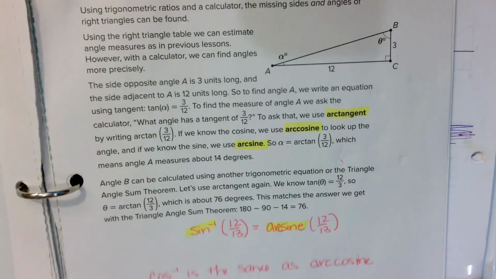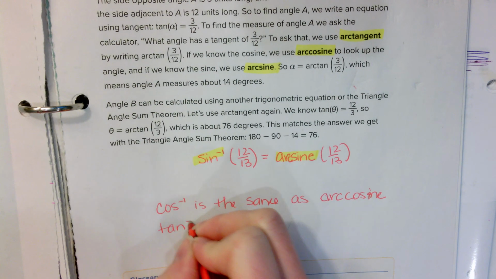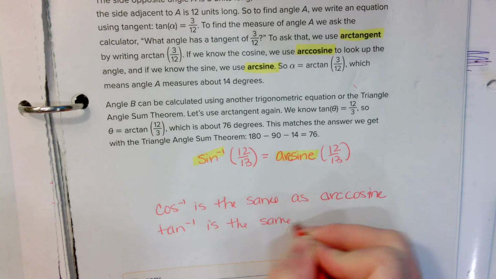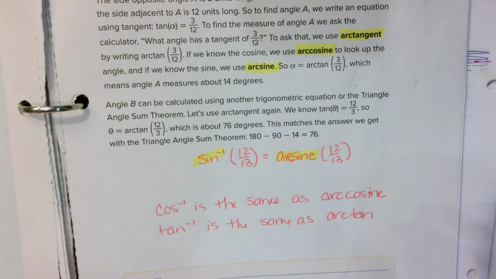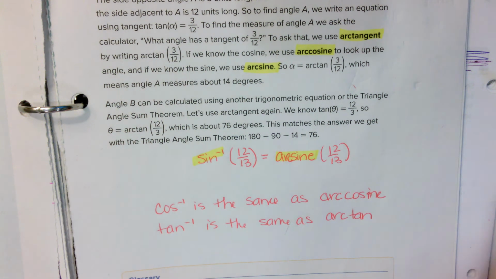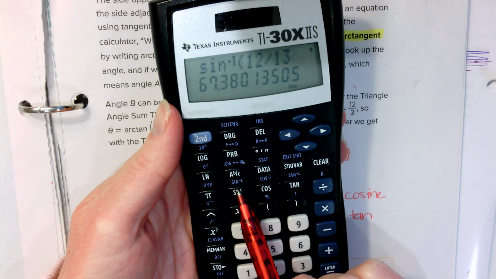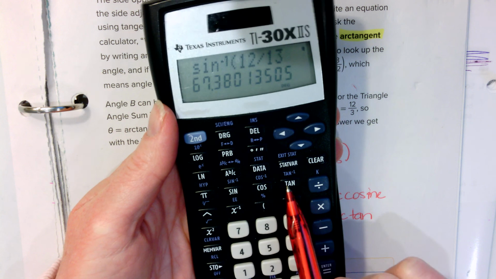And tangent inverse that we've been doing is the same as saying arc tangent. I've not been using this terminology because it does not appear on your calculators. This does not say arc sine. This does not say arc cosine. This does not say arc tangent.